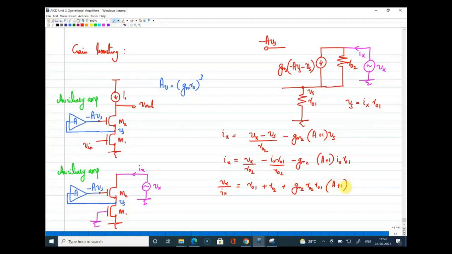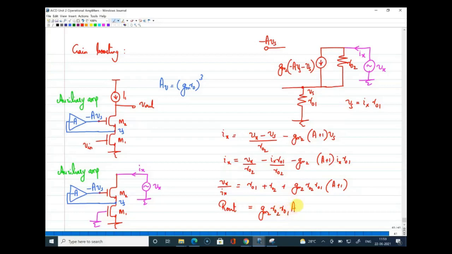This will be the equation you get if you rearrange the terms properly. And from this, if I approximate, I can say that Rout is approximately equal to gm2 R02 R01 into A.